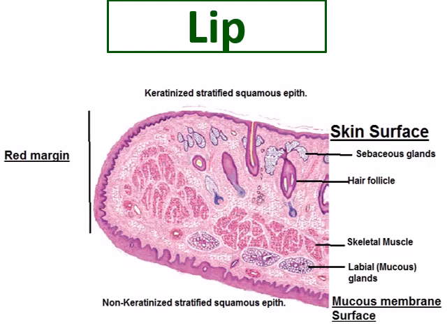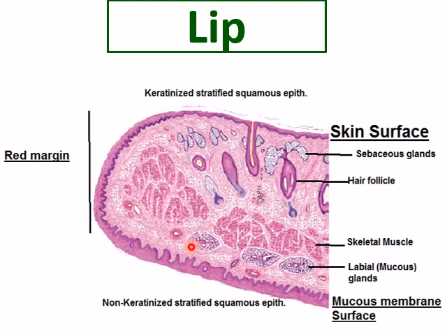Regarding the lip, as you can see in this slide, I'm having a section. One surface contains skin, which is covered with keratinized stratified squamous epithelium, and the other surface contains mucous membrane, non-keratinized stratified squamous epithelium. Between them there is skeletal muscle, and near the mucous membrane there are mucous glands.